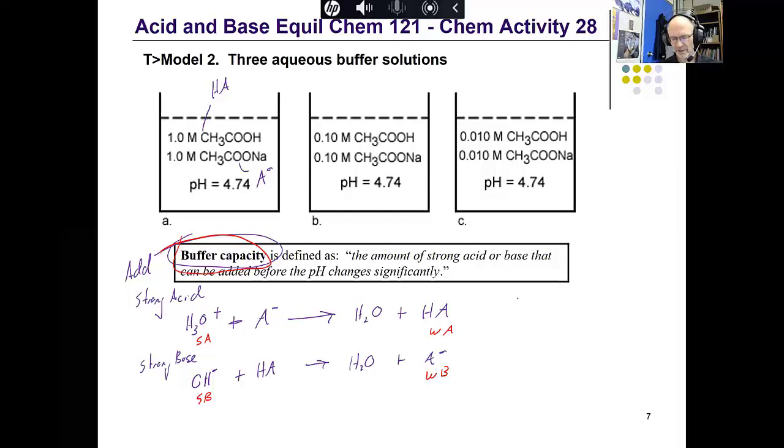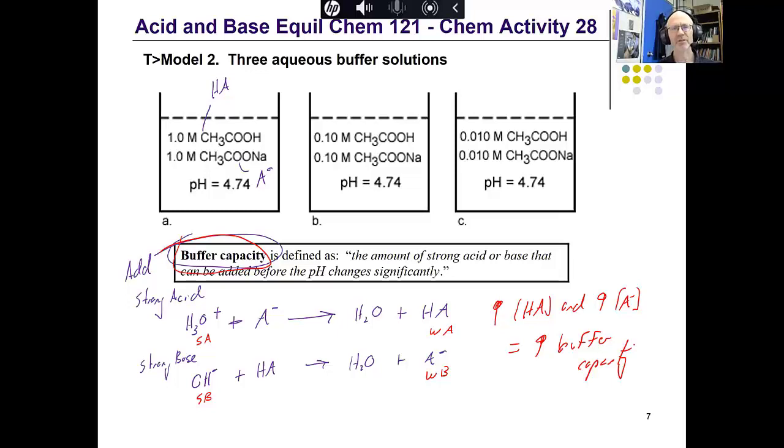So the idea here is, the greater the concentration of HA and the greater the concentration of A negative equals greater buffer capacity, because there's more of these components to react with the strong acid and strong base.